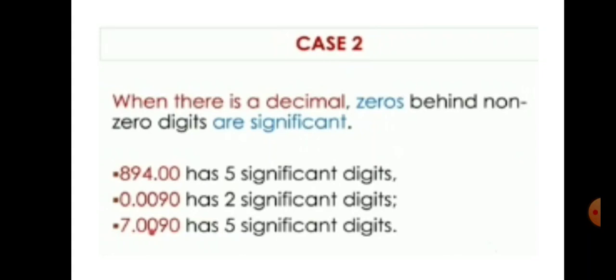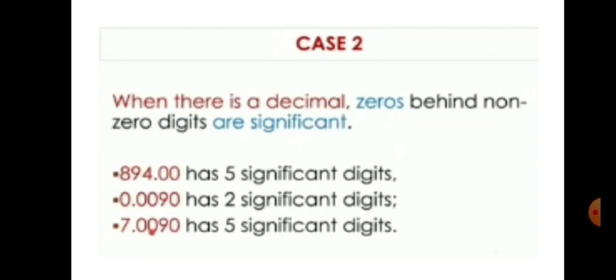Now in 0.0090, it has 2 significant digits, 9 and 0. The 0s before the 9 are not significant.